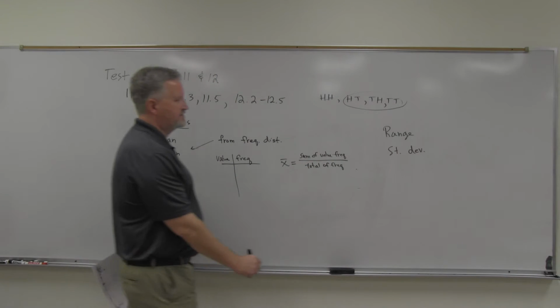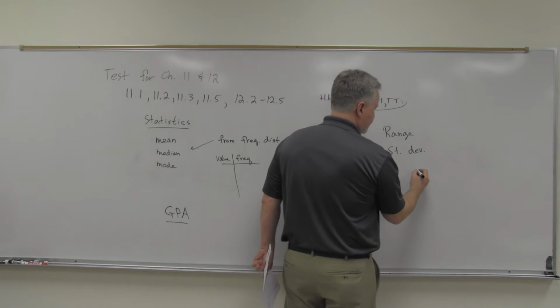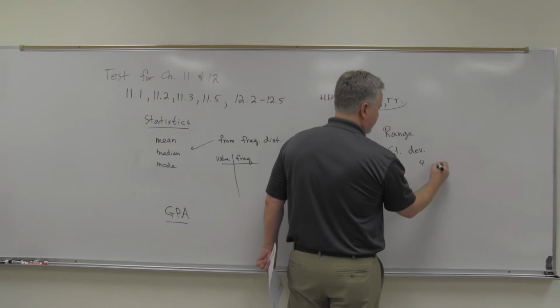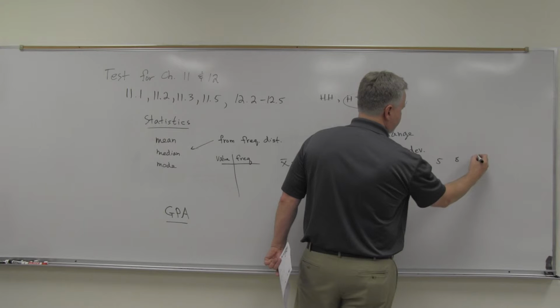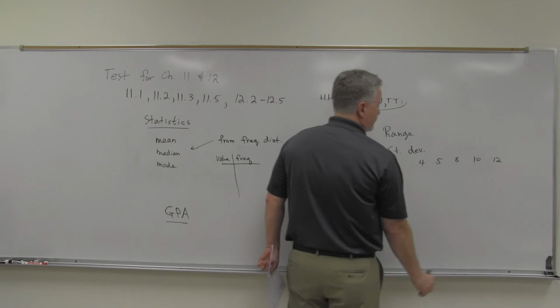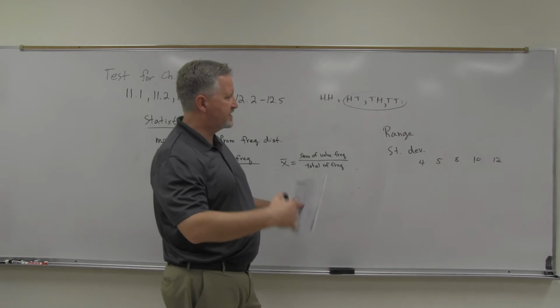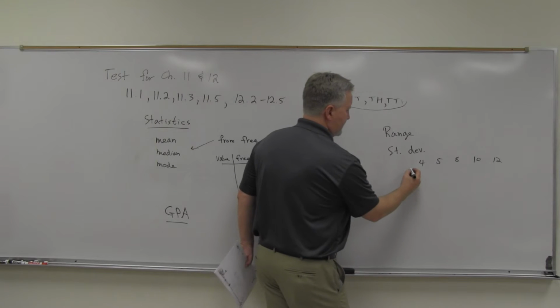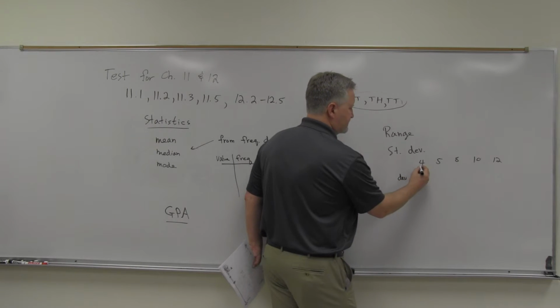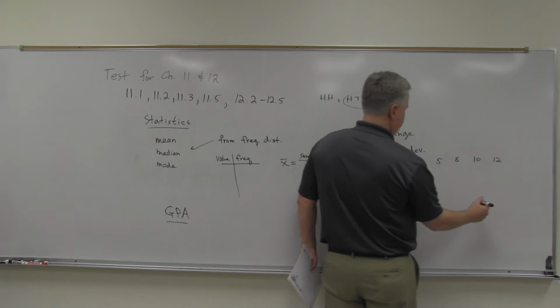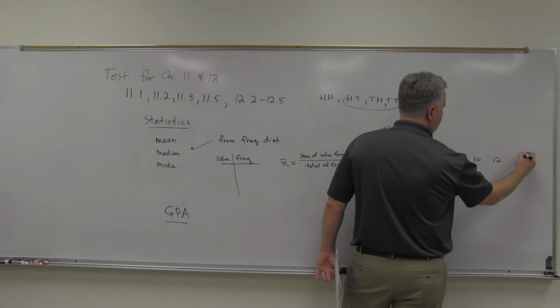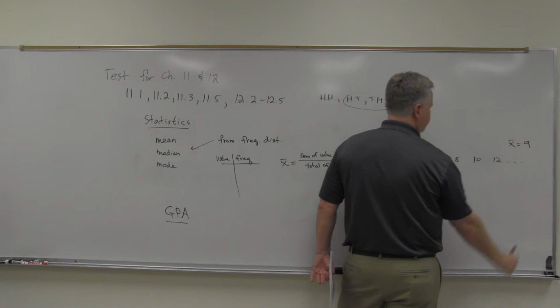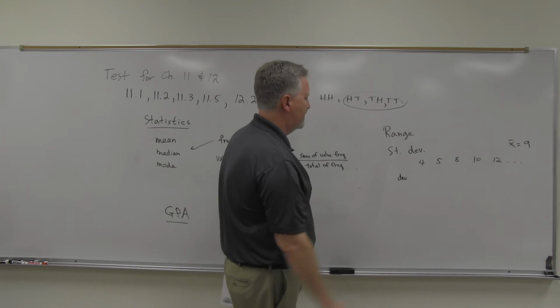So remember on the standard deviation, just making up some values here, what you would do is take the deviations, which is just the value minus the mean. Let's say the mean is 9.